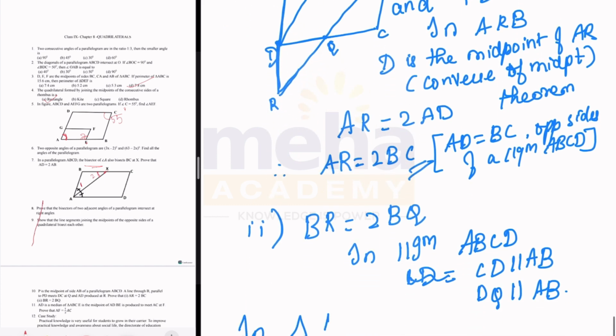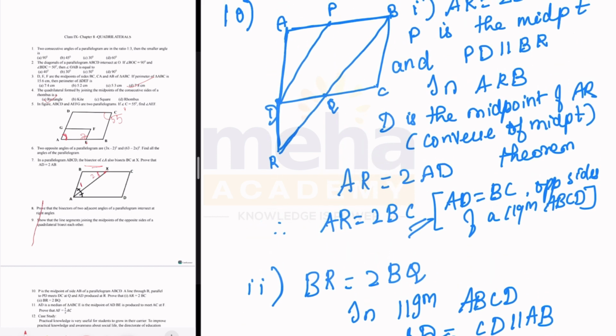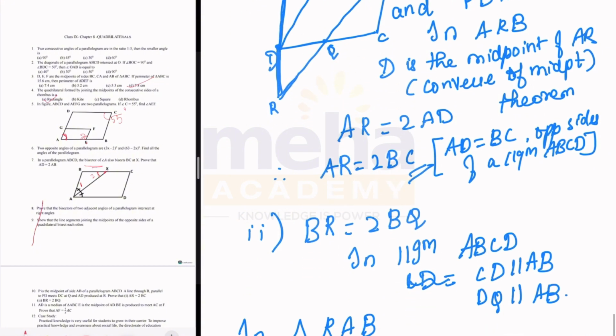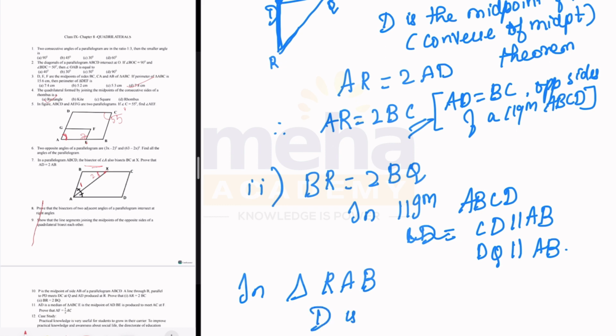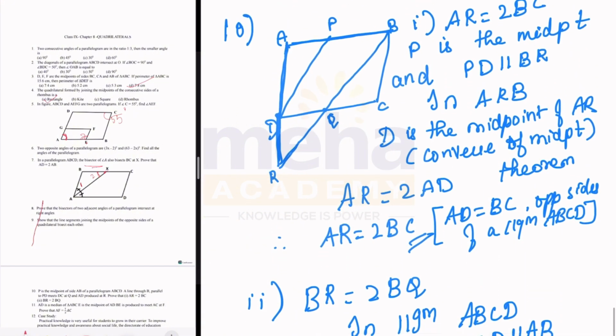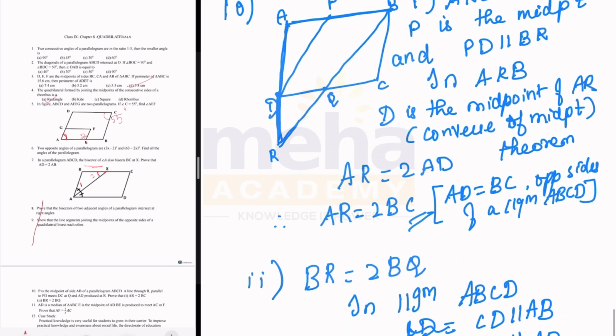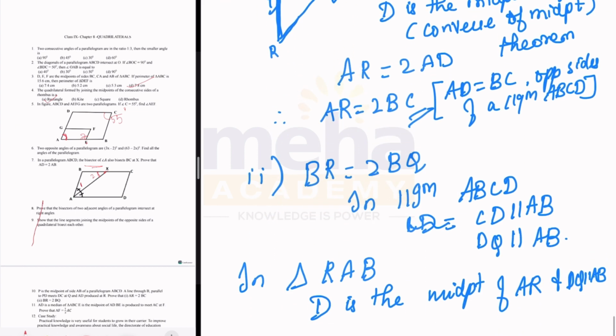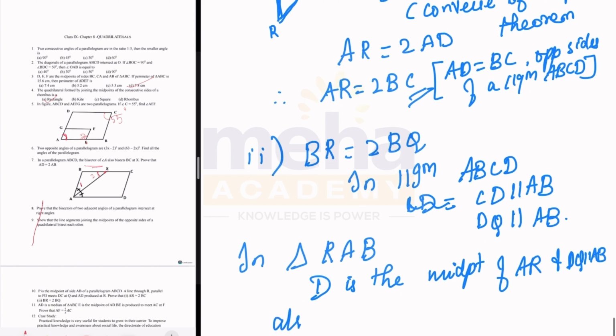In triangle RAB, D is the midpoint of AR and DQ is parallel to AB. So if D is the midpoint, then Q also will be the midpoint.